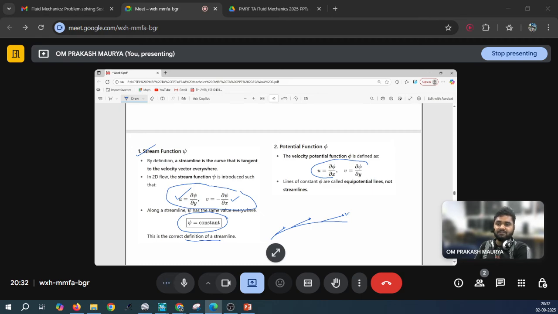Remember please, the other is the potential function related to the equipotential line. A line of constant phi is known as an equipotential line. If a line has a constant psi, this is related to your streamline.